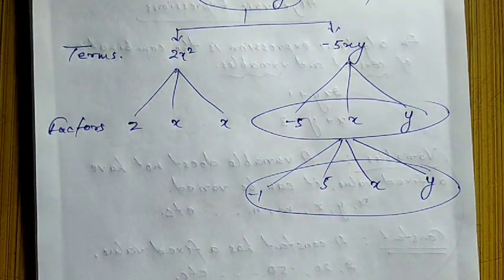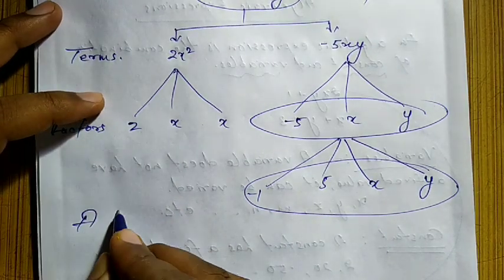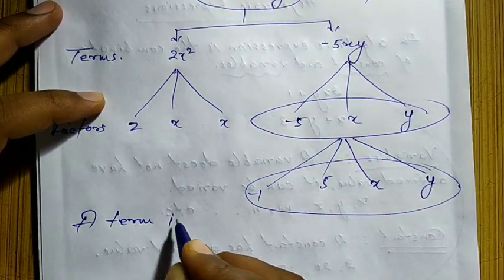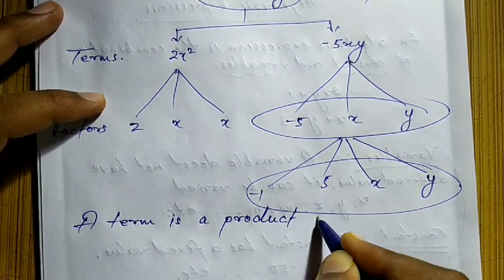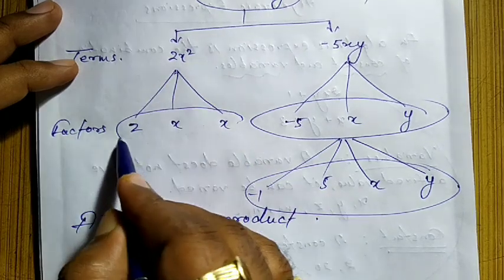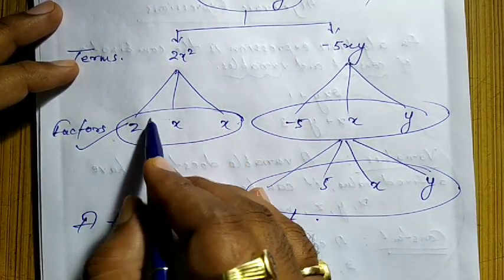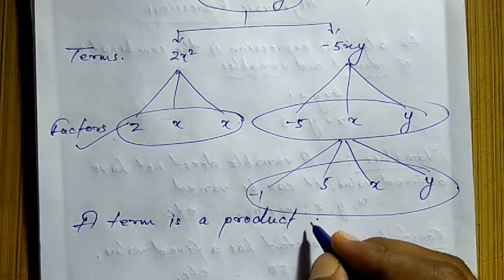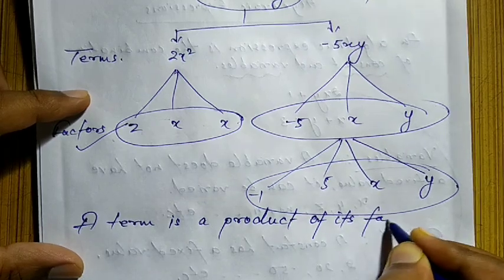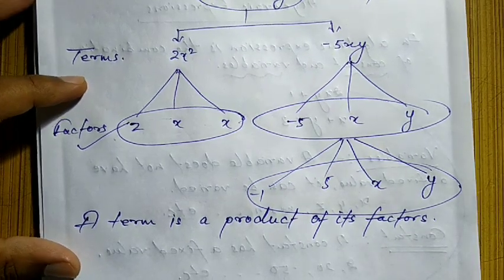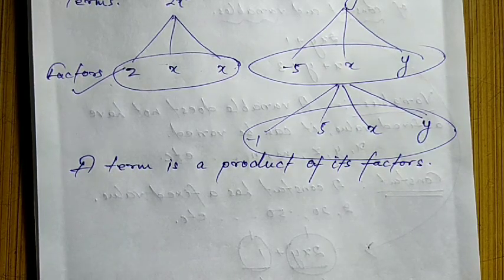Now you can also say a term is a product of its factors. Product of the factors is also called a term.